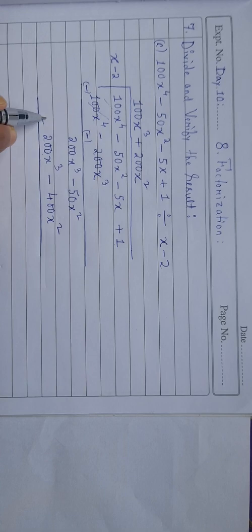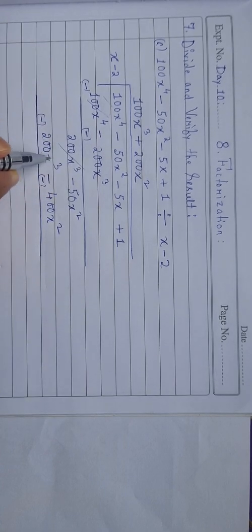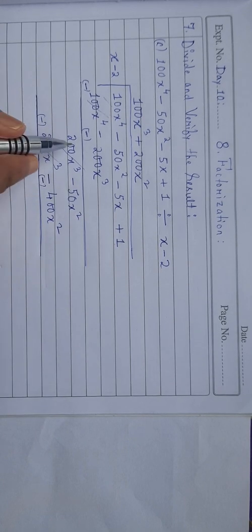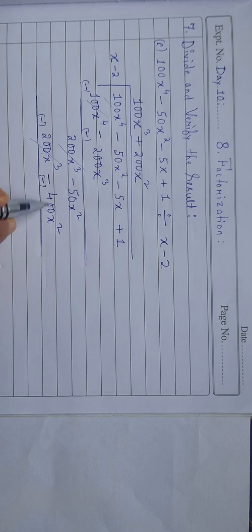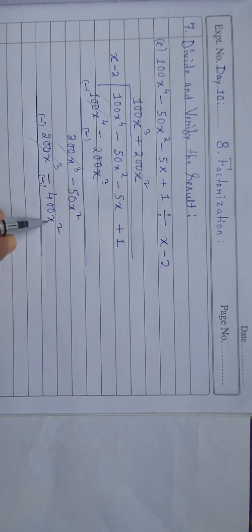So here it is minus, here it is minus. Now this 200x cube and this 200x cube will be cancelled since it is plus and it is minus. Here this 400x square will convert into plus, since here there is a minus and this is the formula's minus. So minus and minus will be plus. So we'll get 400x square with positive sign.